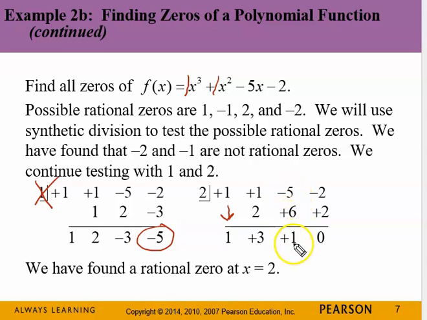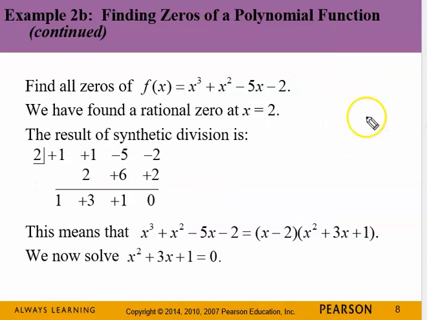Add this up, we get a +1. 2 times 1 is 2. And then our last column here is a 0. So now we know that 2 is a rational zero. What does that mean? Well, that means in our graph, this is going through at 2. We have found one of the zeros.